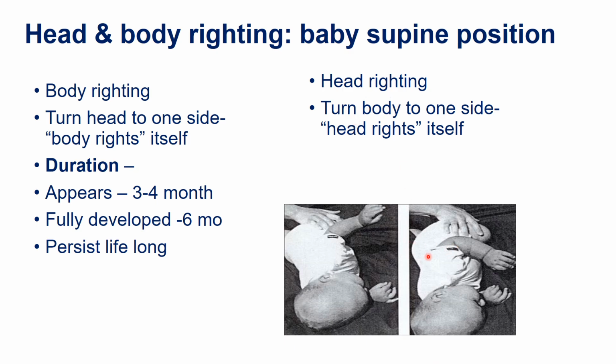And for head righting, if you turn the body to one side, then the head automatically turns to that side. So this is head and body righting. It appears by 3 to 4 months of age, is fully developed by 6 months, and persists throughout life. This is a lifelong reflex.